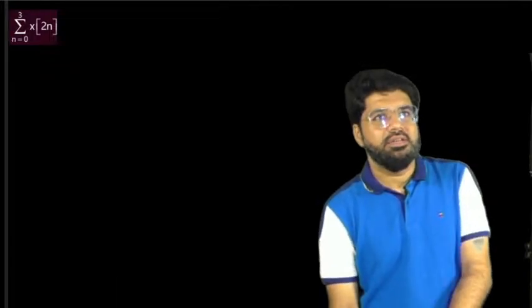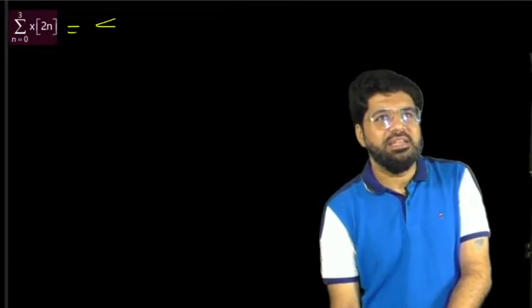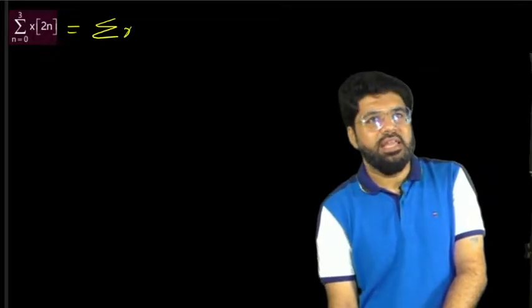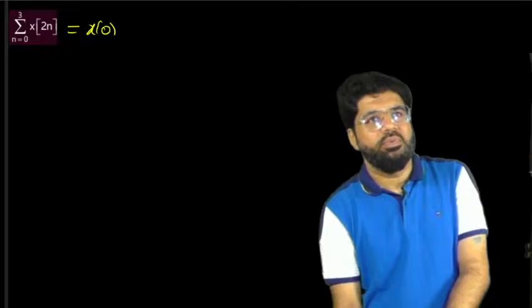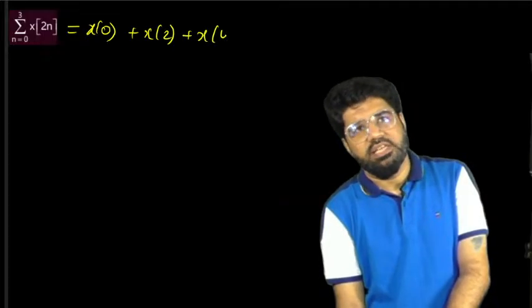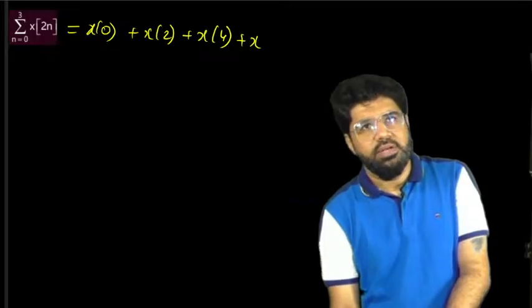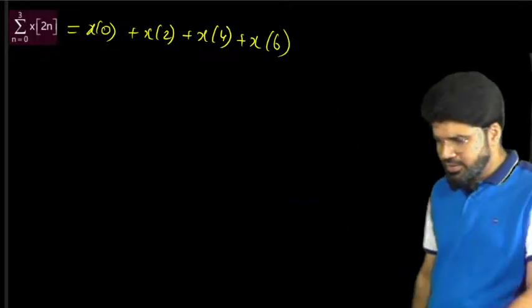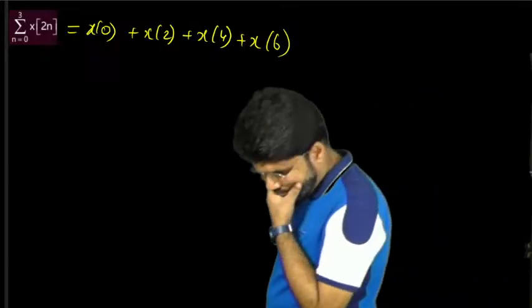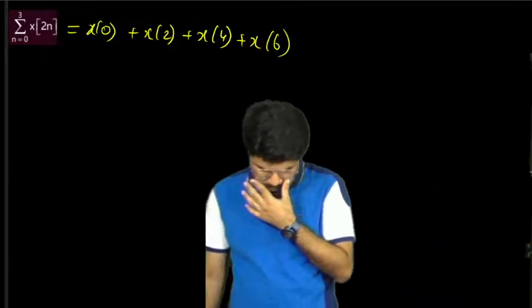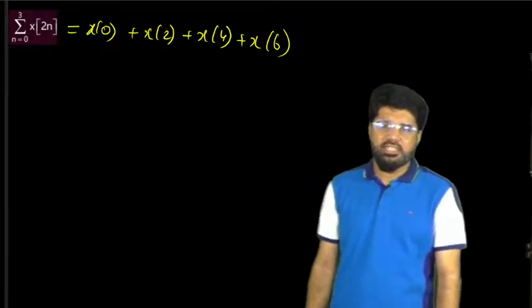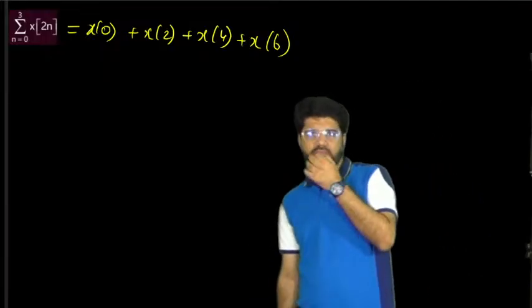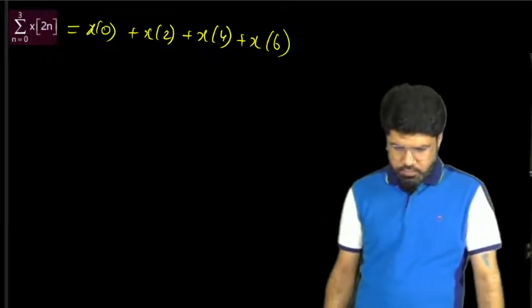If you open the summation: for n equal to 0, x0; for n equal to 1 it is x2; for n equal to 2 it is x4; for n equal to 3 it is going to be x6, correct? So x0 plus x2 plus x4 plus x6. This is what it is.